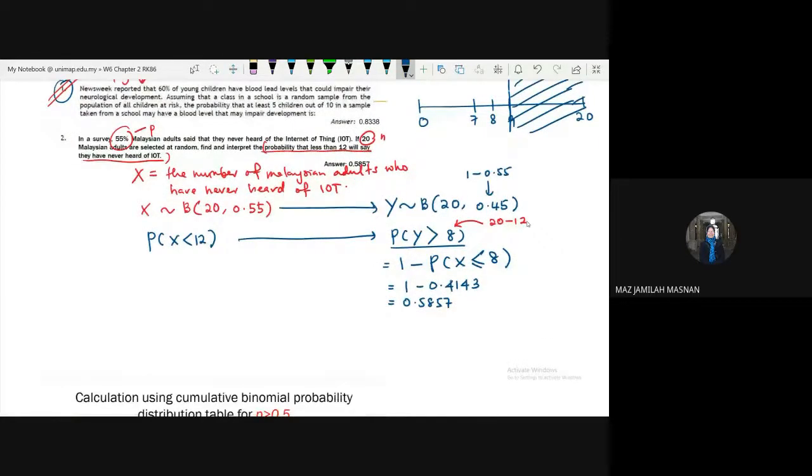So how do we interpret? This will be approximately 59%.